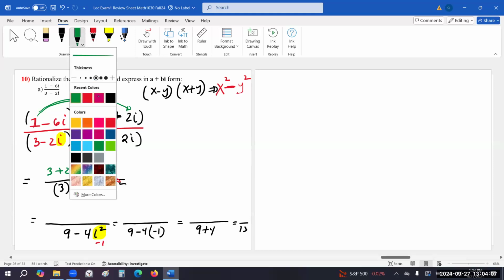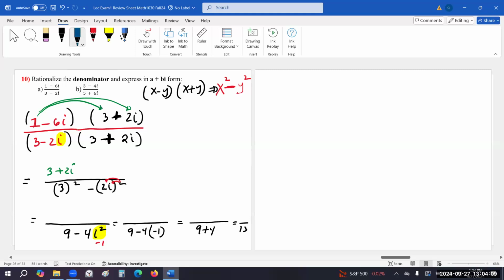And then the other way around, negative 6i times 3, that is negative 18i. And then negative 6i times positive 2i is negative 12i squared. We have another i squared, so we must put it as a negative 1.